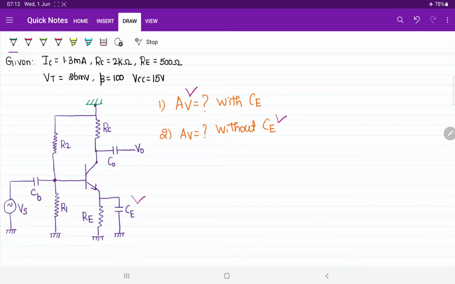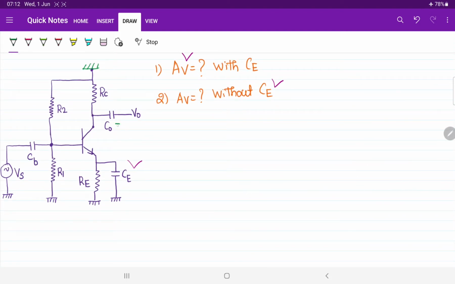Step number 2, we have to short circuit all capacitors. Since the value of the capacitor is very large, ideally it is assumed to be infinity. If the capacitance approaches infinity, then capacitive reactance, which is 1 by j omega C, approaches 0.